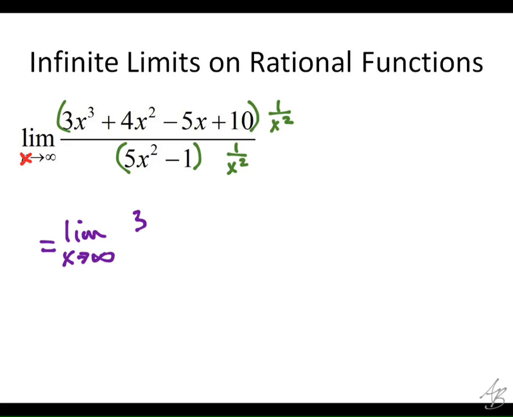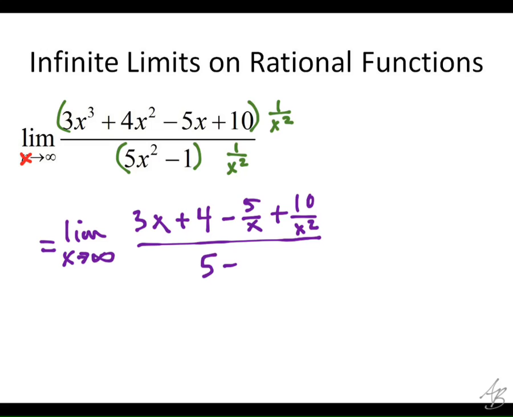So in the numerator we have 3x plus 4 minus 5 over x plus 10 over x squared. And in the denominator we end up with 5 minus 1 over x squared.